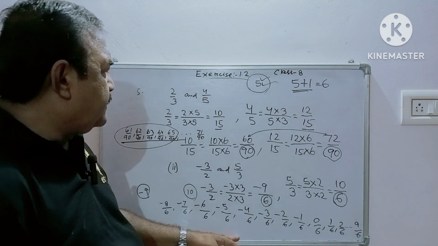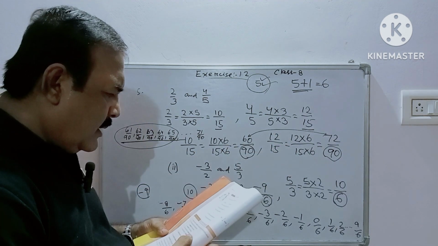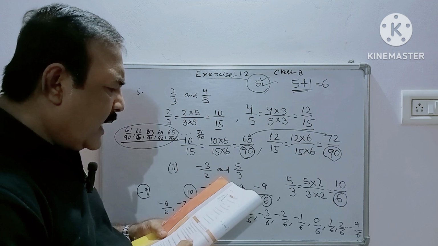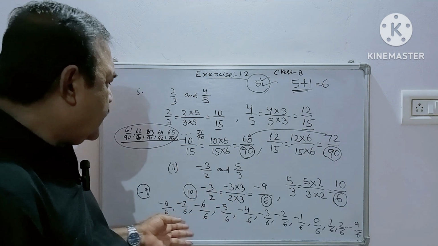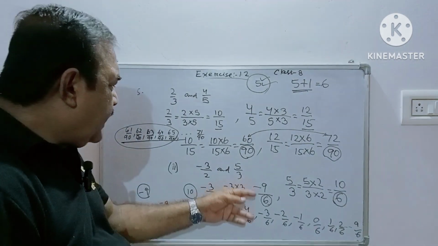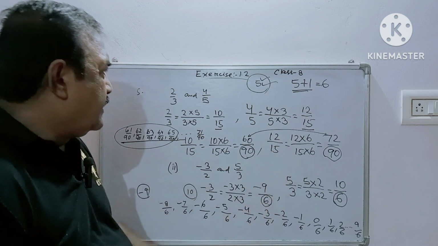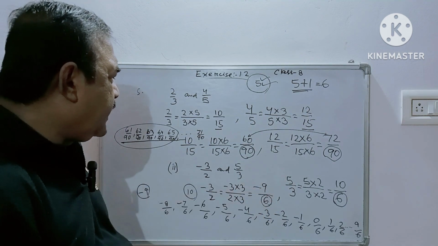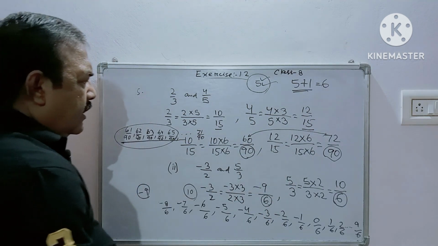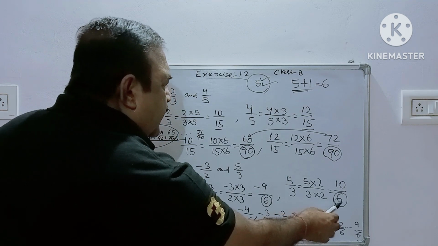We may choose any. We have been asked to find 5 rational numbers. You may choose any 5. There is no need here to multiply 5 plus 1, that is 6. You do not multiply here because we have already converted that, we have made the denominator same.